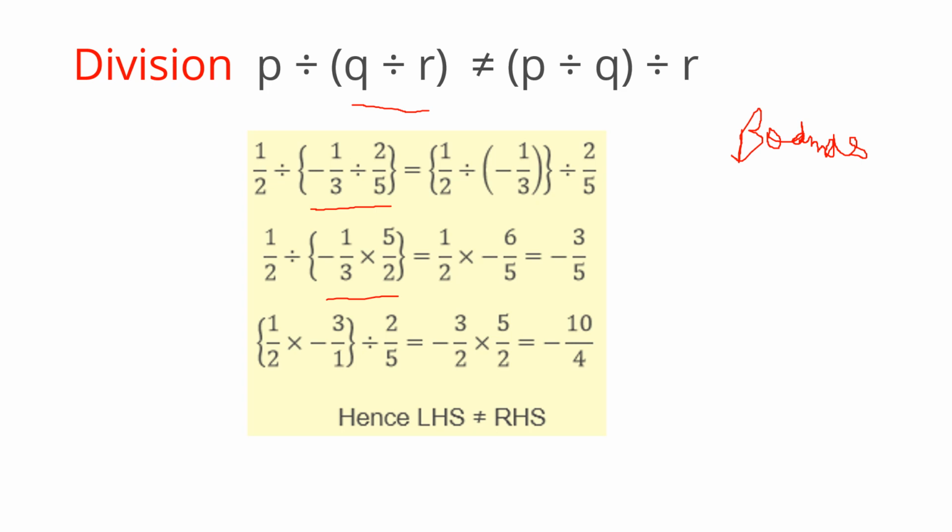In the right hand side the brackets were on these two numbers, so you are going to solve these two numbers first, and then you will equate them with the remaining one, that is 2 by 5, and when you take the reciprocal it will be changed to 5 by 2 and the sign will be multiplication.